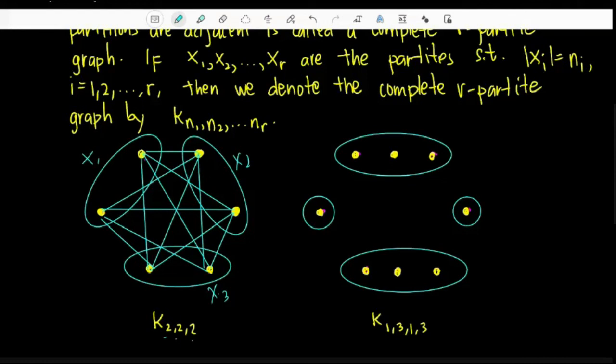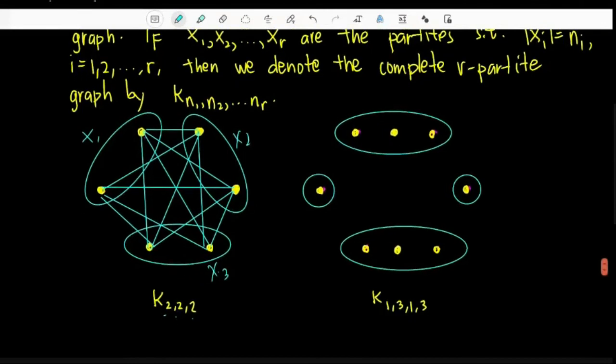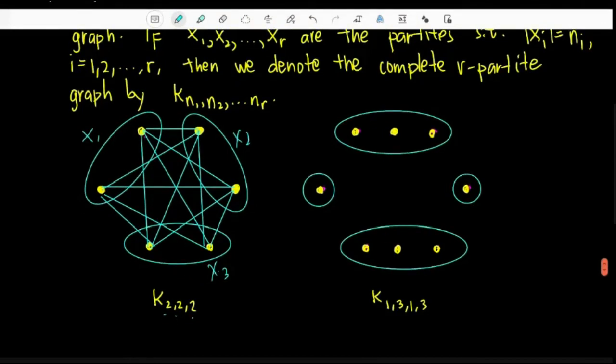Now what if we want K sub 1,3,1,3, meaning we have four partitions. One partition has one vertex, the other has three vertices, another has one vertex, and the other has three vertices. So that would require this. Let's say this is the first partition, this is the second partition, the third partition, and the fourth partition.